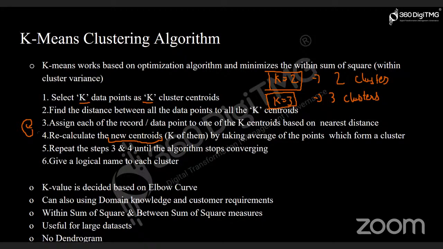Now you might have a scenario where a data point is constantly moving back and forth between two centroids. So that is why we are doing these recalculations. That is why we are constantly calculating how many clusters we have. And based on these clusters, we can determine the correct value.